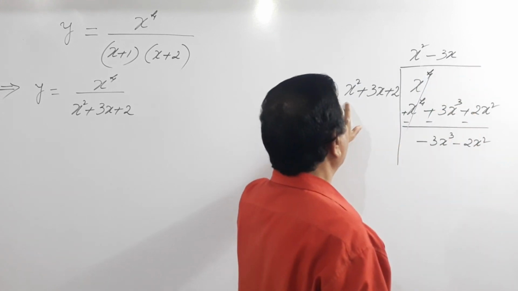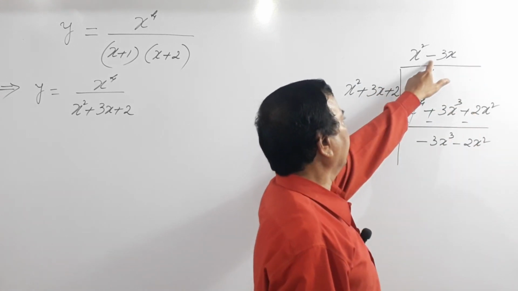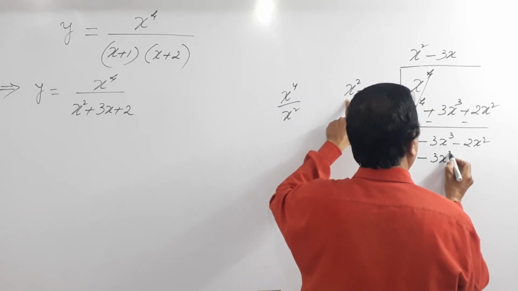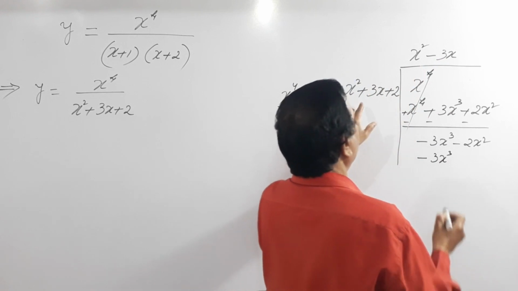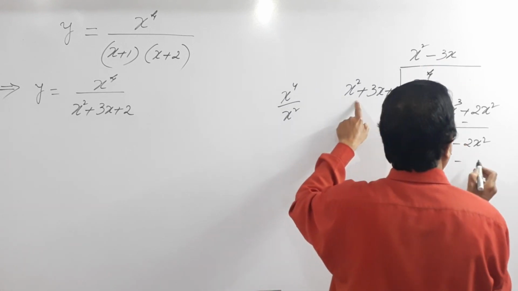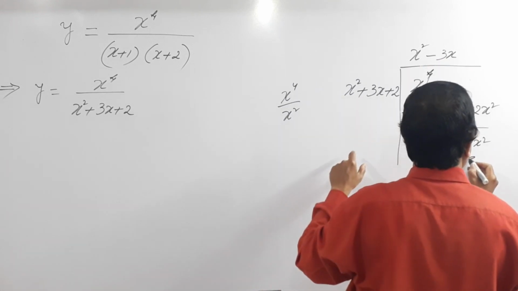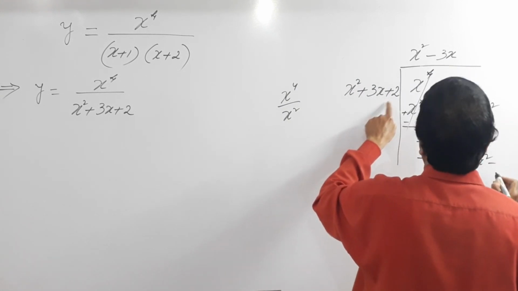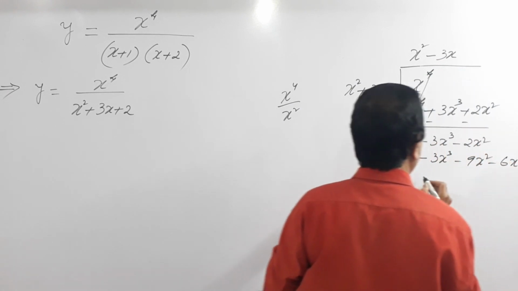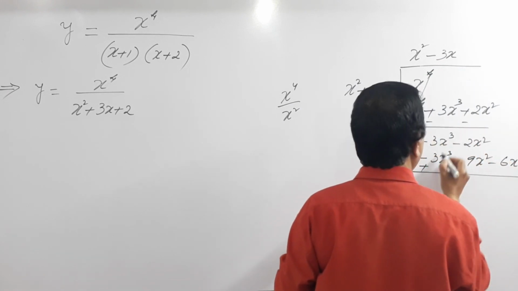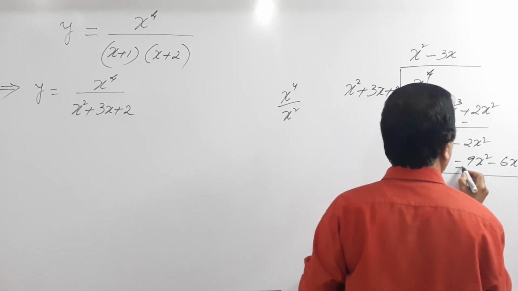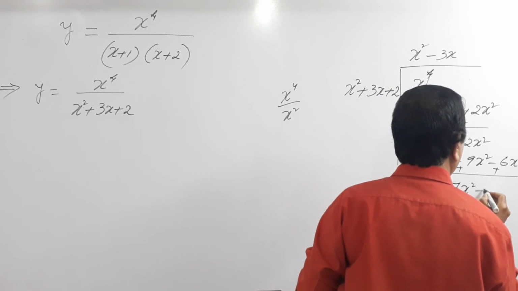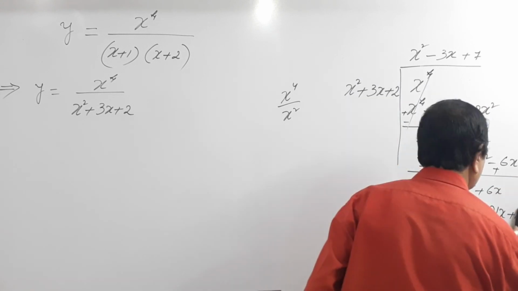So this is 3 into x square, minus 3, multiply this, minus 3x cube, minus into plus minus, 3 3s are 9, this is 9x square plus, minus into this becomes minus 6x. Now I add. So what happens here? This cancels, and here also add, and this add. So what happens is 7x square plus 6x.